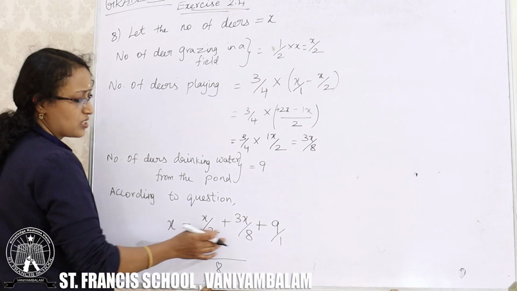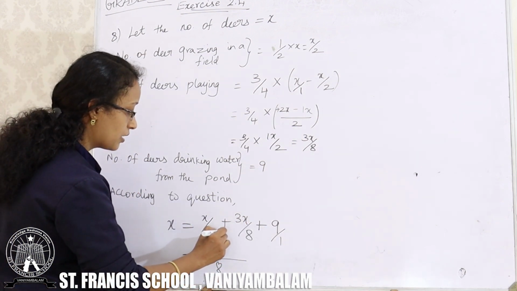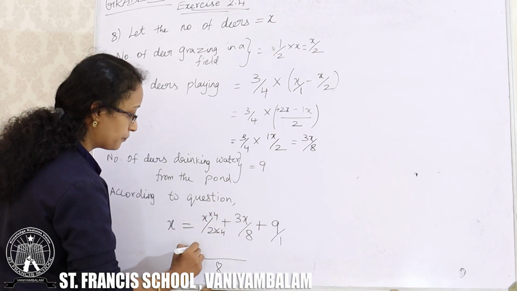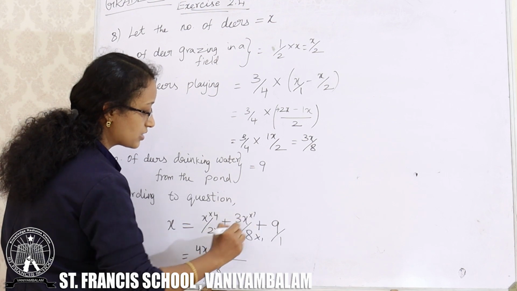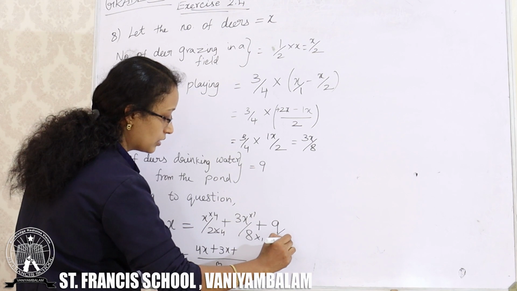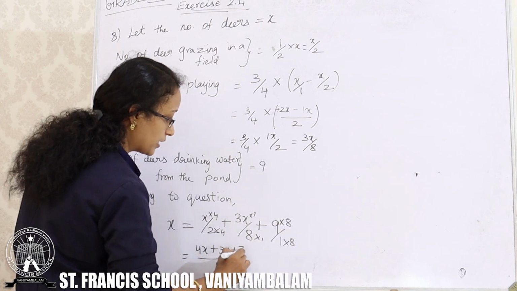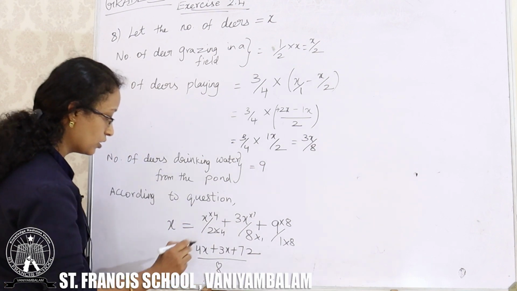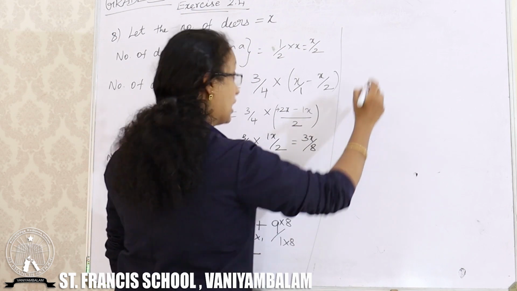You will have 8, because you have 3 fractions. So LCM 8 multiplied by x gives 8x, equals 4x plus 3x plus 8 into 9, which is 72. So add this and solve, you will get the answer.